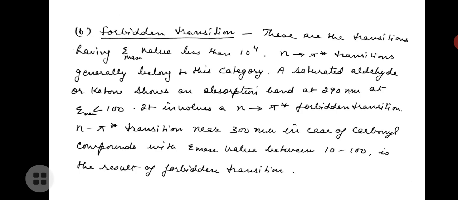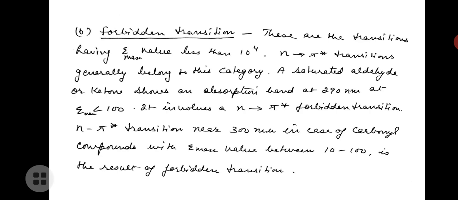Now next comes the forbidden transition. These are the transitions having Emax value less than 10^4. N to pi star transitions generally belong to this category. N to pi star transitions occur with low intensity, that is Emax less than 10^4.